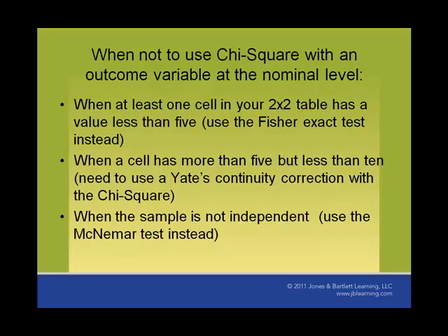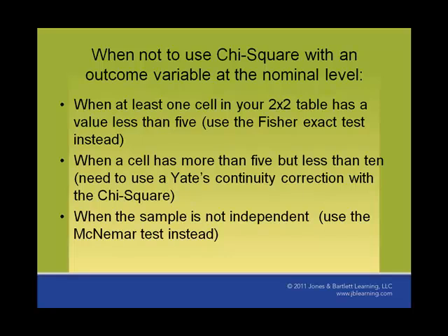I want you to be aware of that because the SPSS output will show you the value with the Yates continuity correction. So you need to know to use that if one of those cells is less than 10 but more than 5. Again, when you get into very small samples, you have to be very careful, because your statistics sometimes run into issues as the numbers get so small.